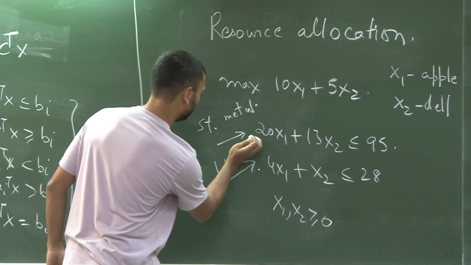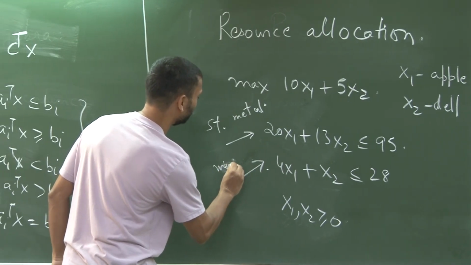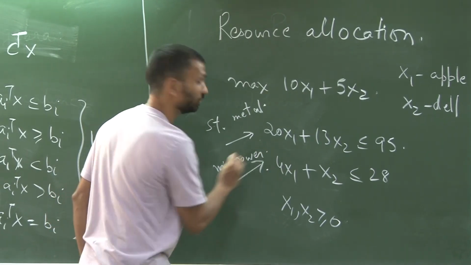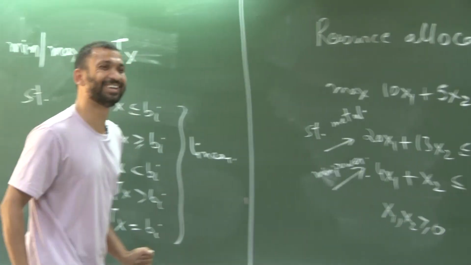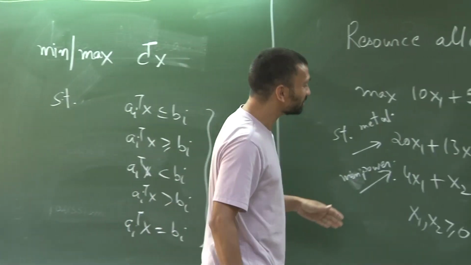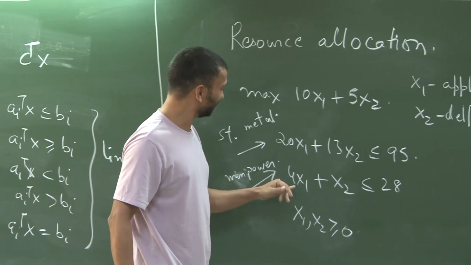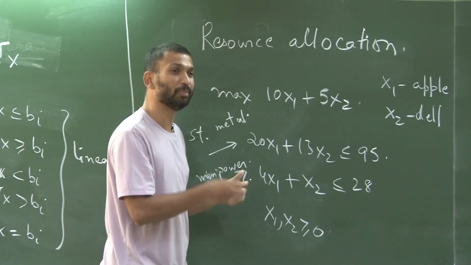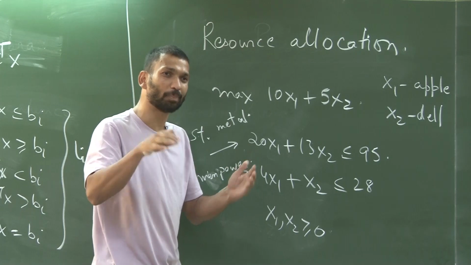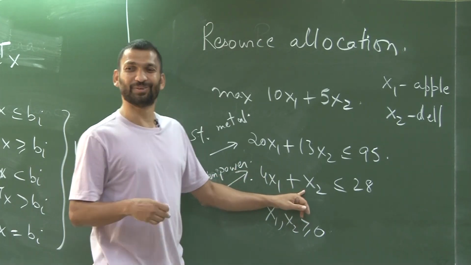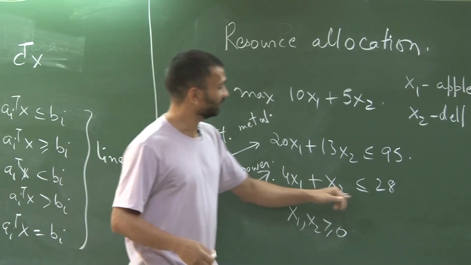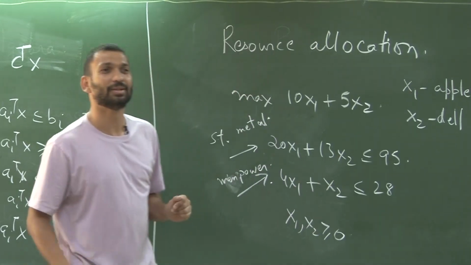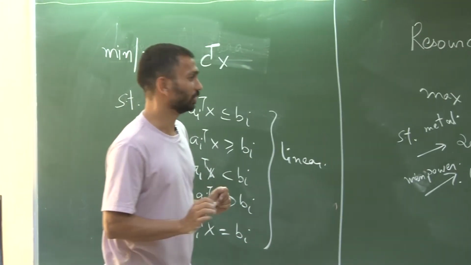So fancy word, manpower for child laborers. Okay, so then it requires 4 human beings, because 1 for making it and 3 for designing the logo on the top, and then 1 for Dell, and then we have 28 people in total to work for us.